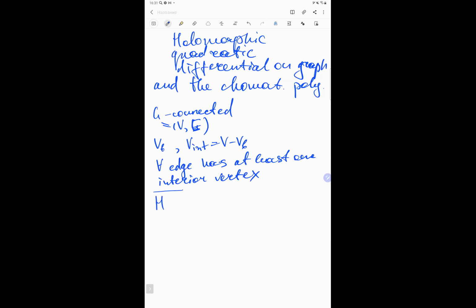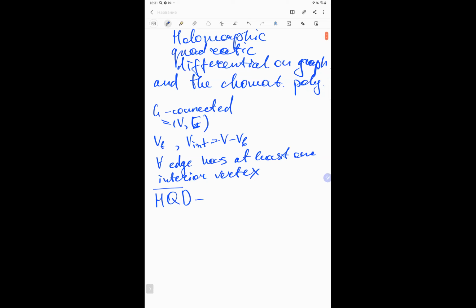So, a holomorphic quadratic differential on a graph G is a pair of a function Q from the set of edges to the real numbers, and a map Z from the set of vertices to complex numbers.